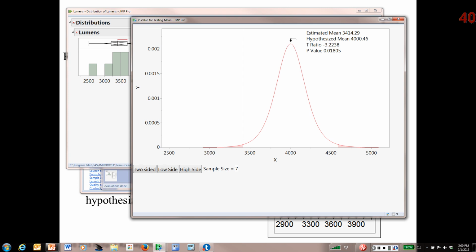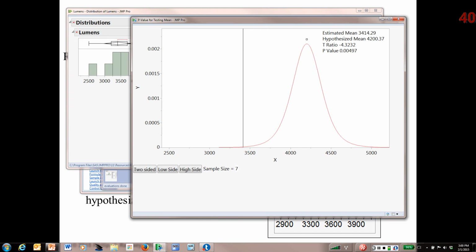Let's move even further out. Click and drag the handle if I can get it there. There we go. Let's go out to 4,200.